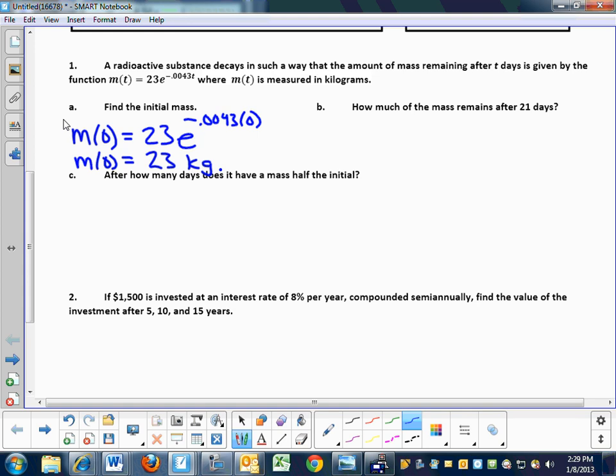The question is, how much of the mass remains after 21 days? Well, in order to figure that out, the mass at time 21 is equal to 23 times e to the negative 0.0043 times 21.